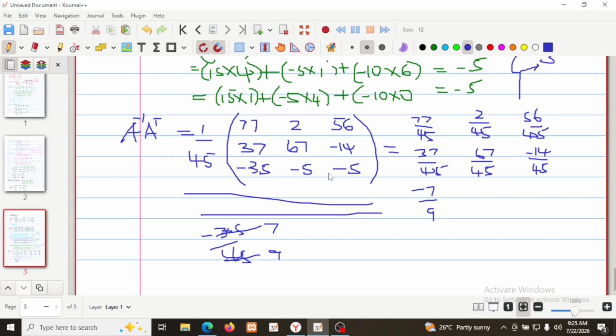Then we have 5 here, will give us negative 1 over 9, then negative 1 over 9, like that.